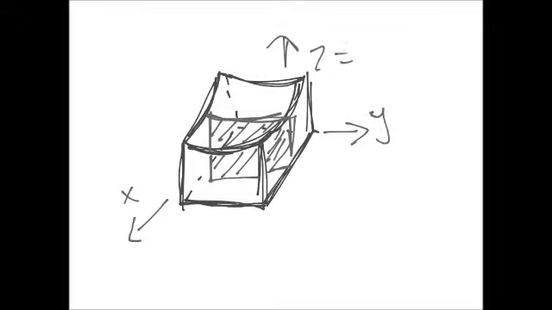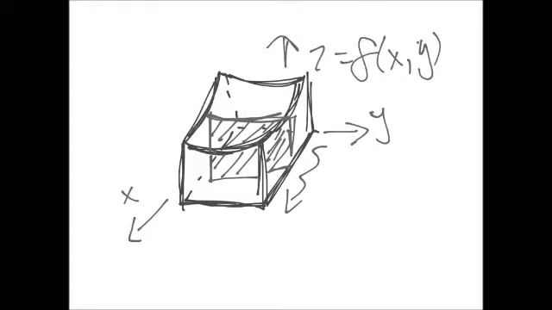And z equals f of x, y. We gave this box a little area to the top, so it's more of an uneven cylinder object rather than a regular box. And we have the cross-section, and we're going down the y.